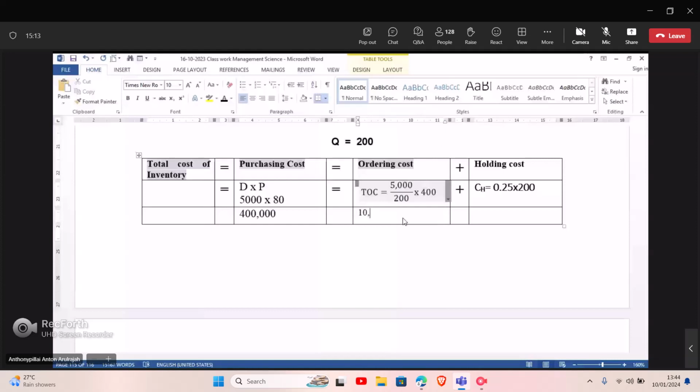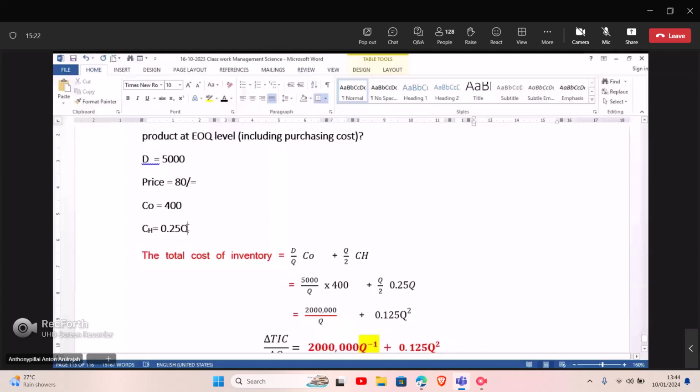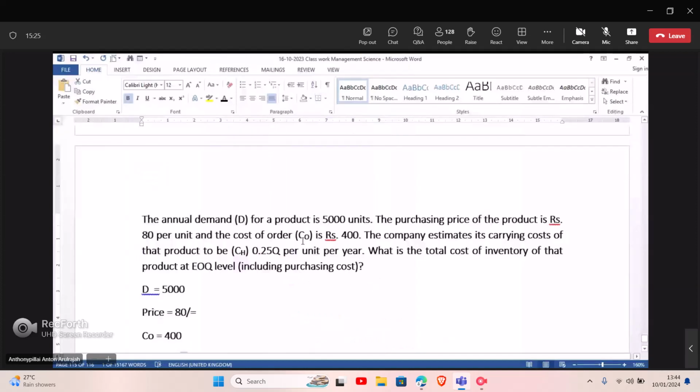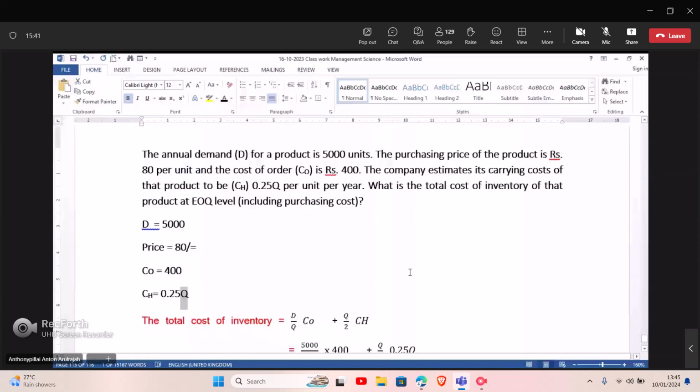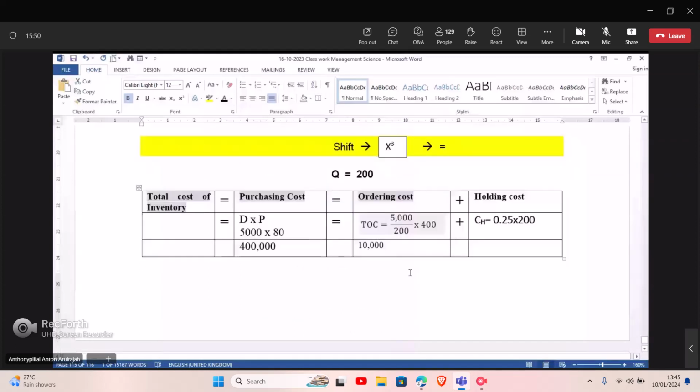Then CH is given in terms of the price. Here you see that the carrying cost is equal to 0.25 of the product per unit per annum, per year. 0.25 into 200 becomes 50.